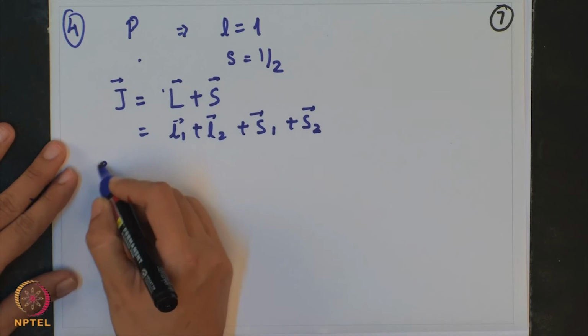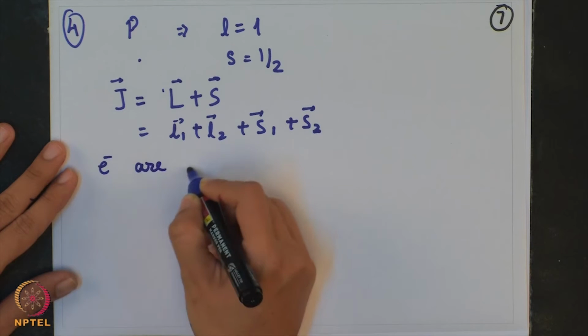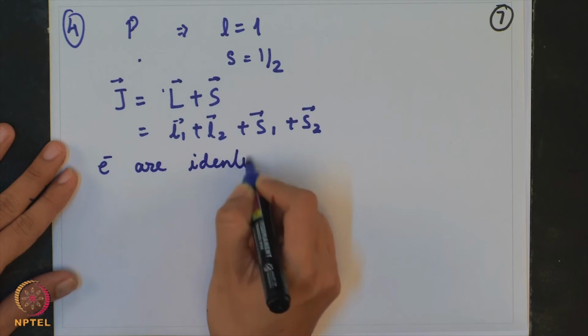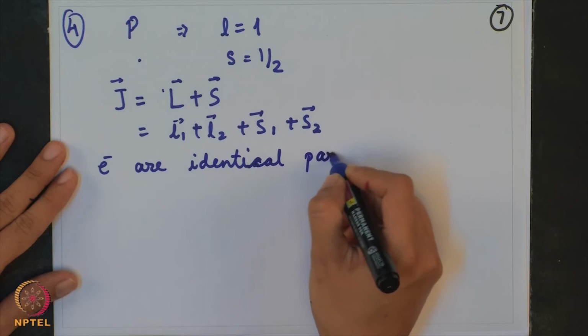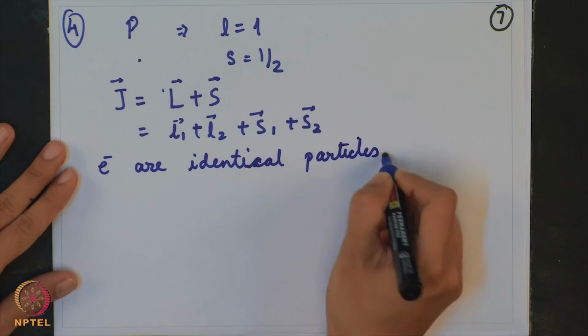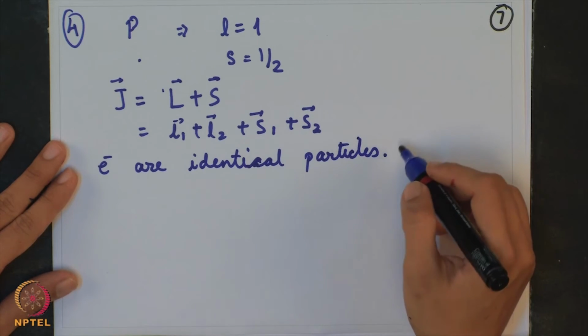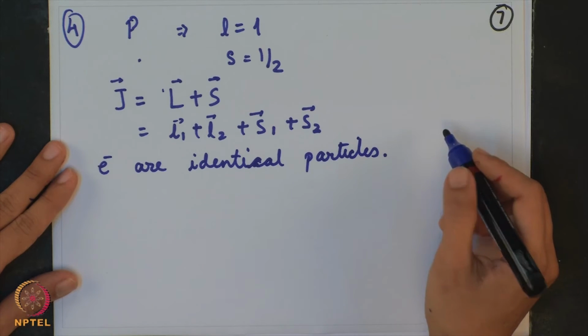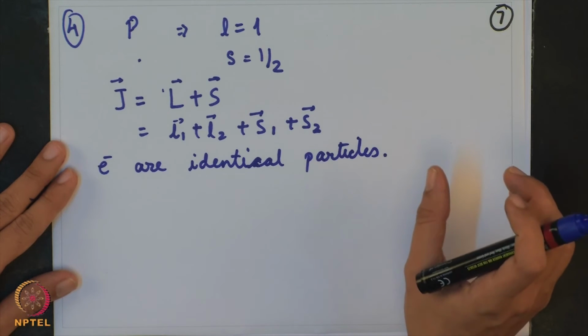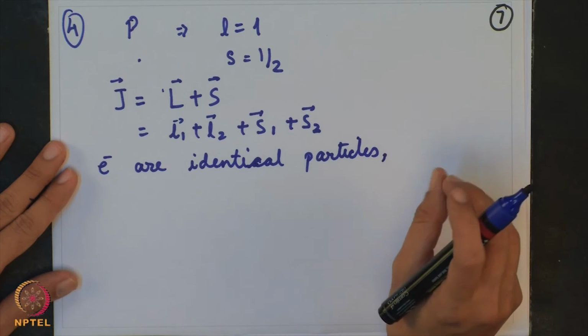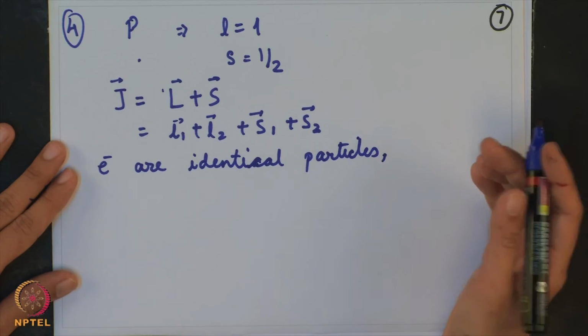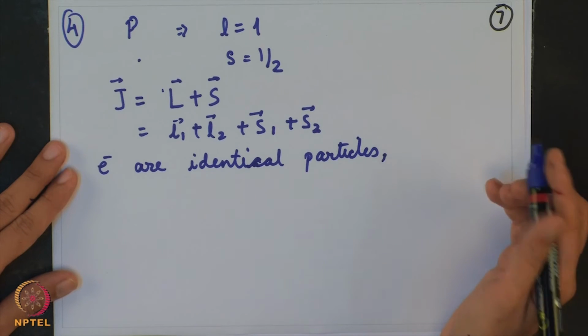So, electrons are identical particles, and so here they have the same radial component. However, the angular momentum part will change in sign, that is, it is antisymmetric.